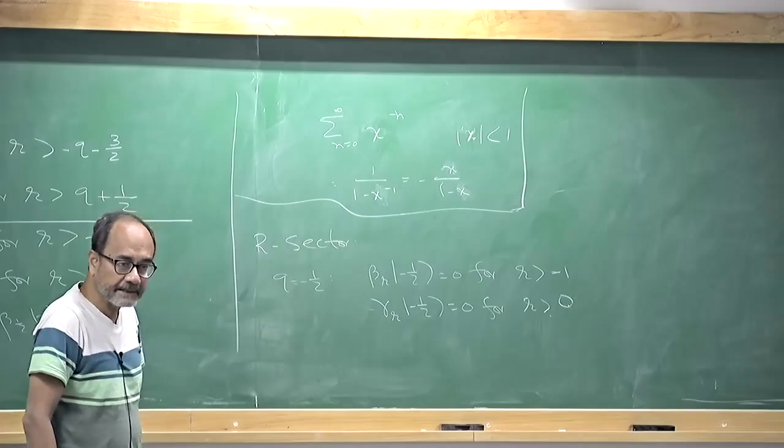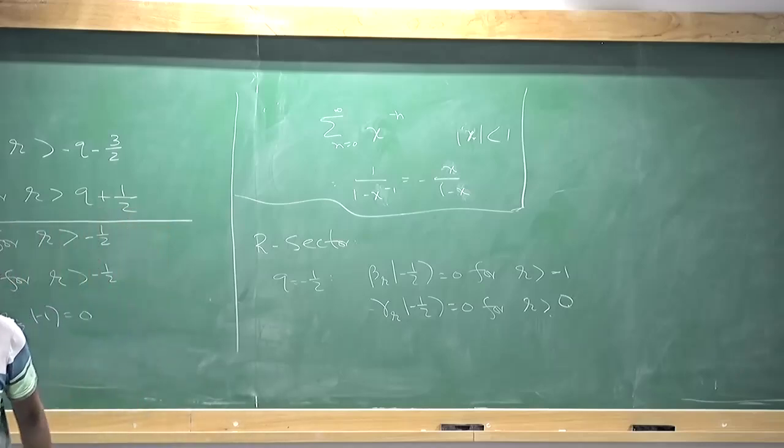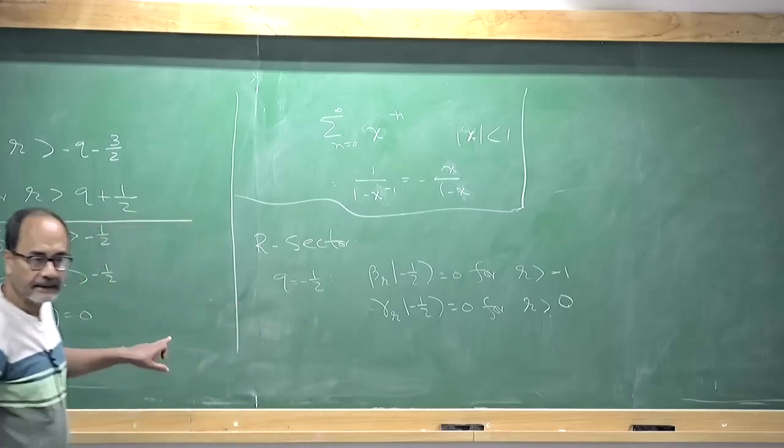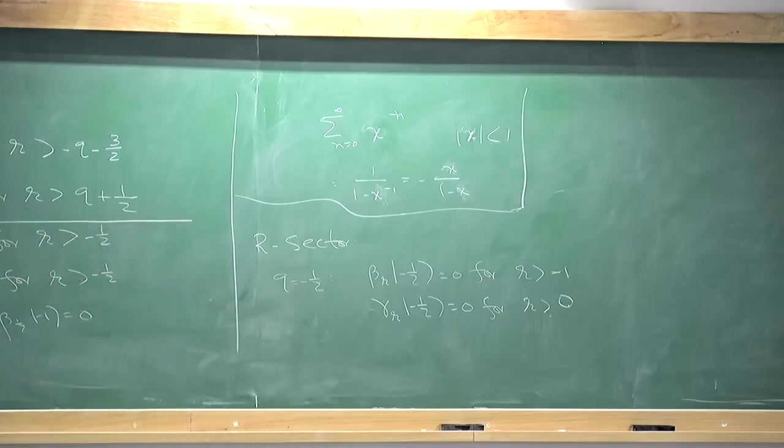No, q is half integer in the Ramond sector. It's integer in the NS sector. q is half integer, yeah. So I've taken q equal to -1/2, right? q is Z plus half. I've written it as integer plus half. I mean, that you get just by comparing this expansion.